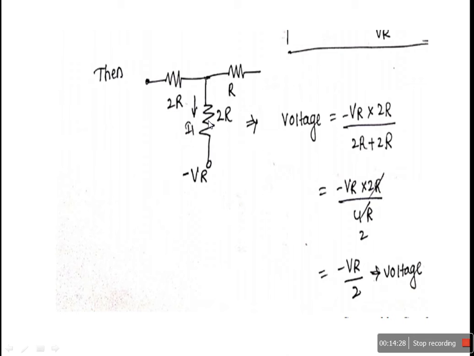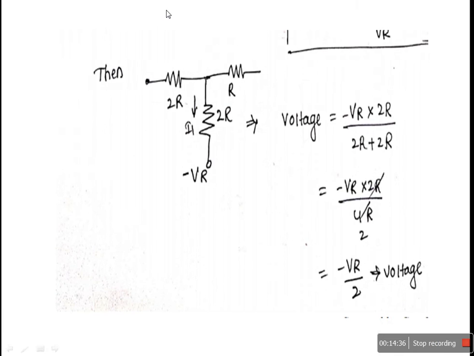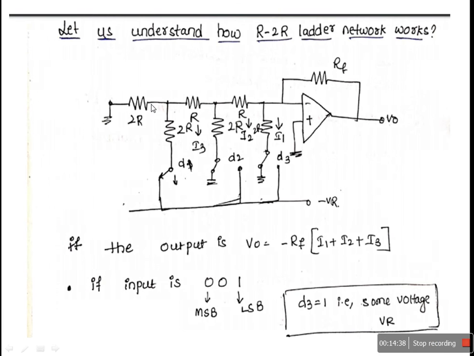The resistance is R. So that's the reason I am considering the voltage as minus VR by 2 and the resistance as R. So this total circuit I am representing with minus VR by 2 with the equivalent resistance R, and the next part is R and 2R. I need to calculate the voltage across this part.